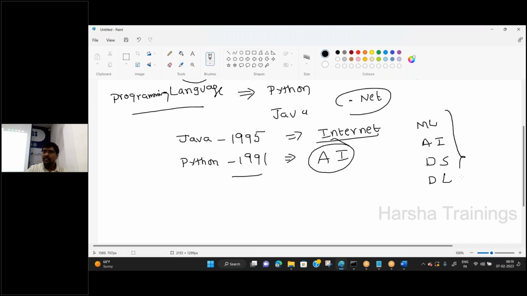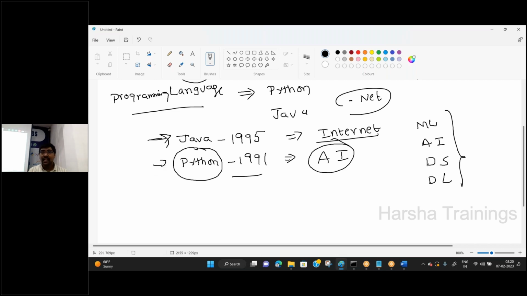Every concept, everything is implemented by using Python. Again the question, why only Python? Java is developed and already a very popular language. Why are we not using Java for implementing all these things? Why are you using Python?